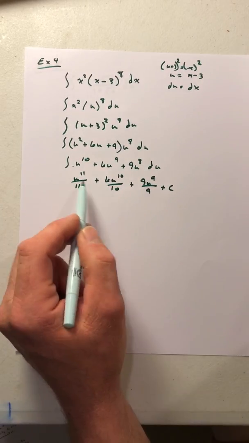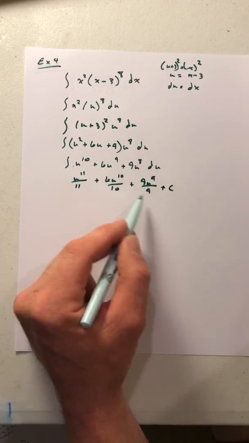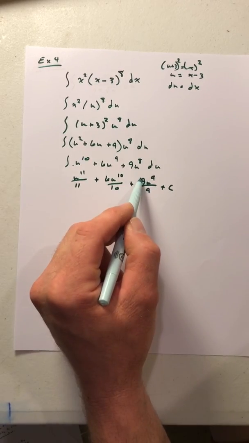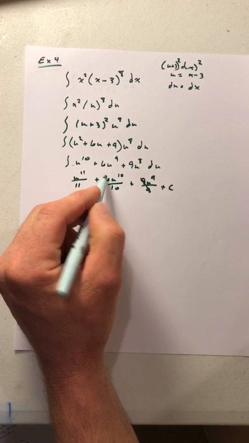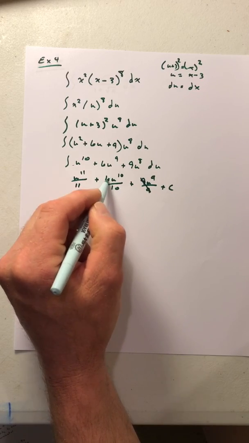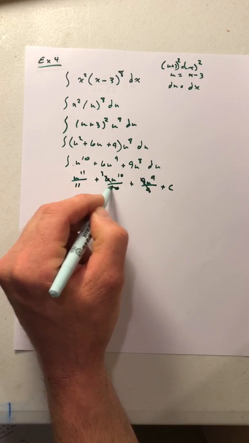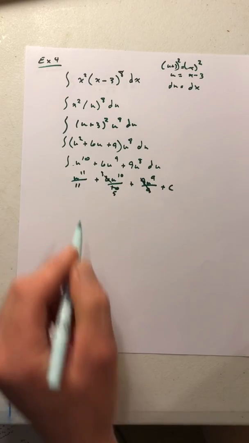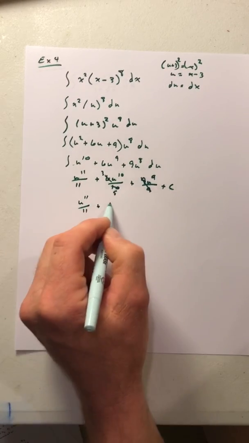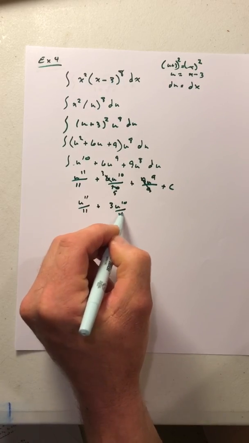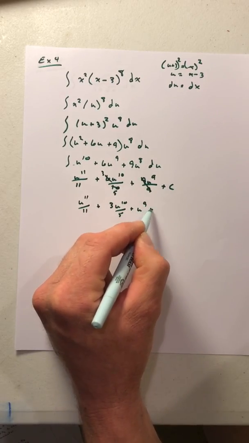Before we find common denominators and replug these u's in, I'm going to go ahead and clean up these expressions. So we can reduce those 9 over 9s. That's nice. Gets rid of one of our denominators. 6 over 10, we can reduce that. 2 goes into both of them. So we have 3 over 5. So now our problem becomes u to the 11th over 11 plus 3u to the 10th over 5 plus u to the 9th plus c.